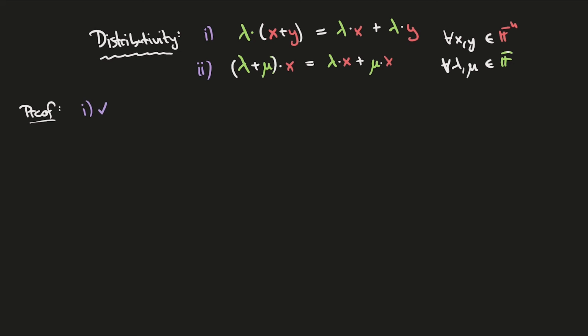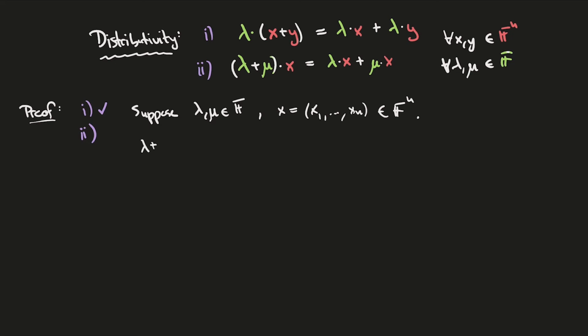So we proved the first equation and now can move on to the second, which is similar. So we suppose that lambda and mu are elements in our field F, and that x equals (x1, ..., xn) is an element of Fn.